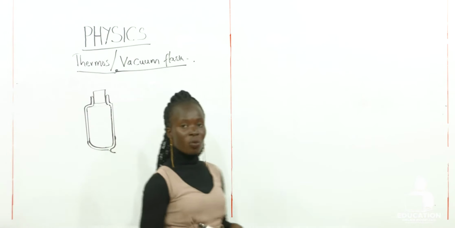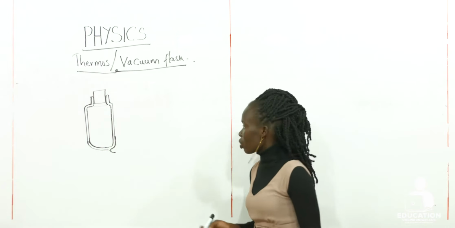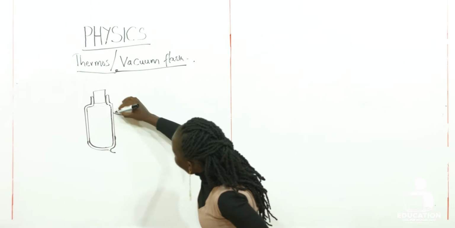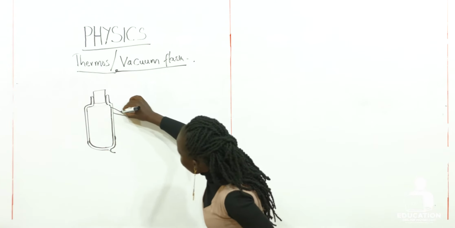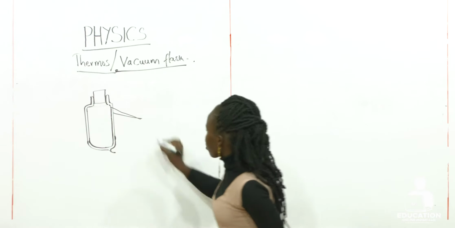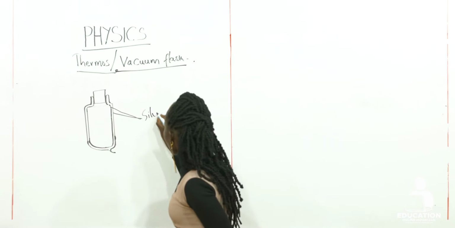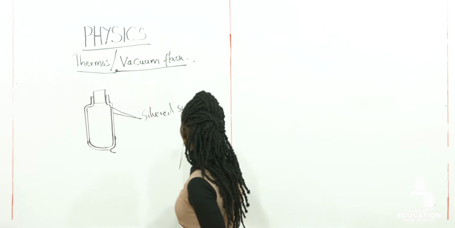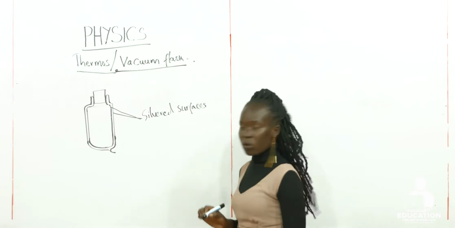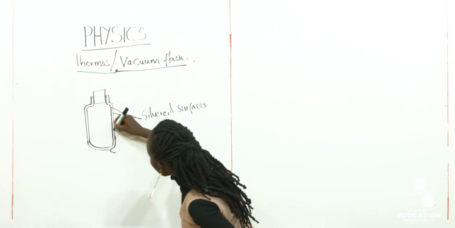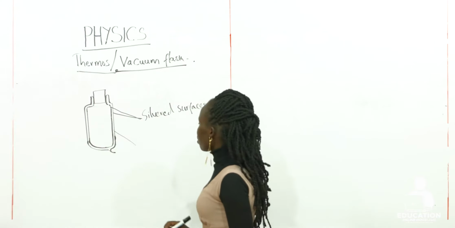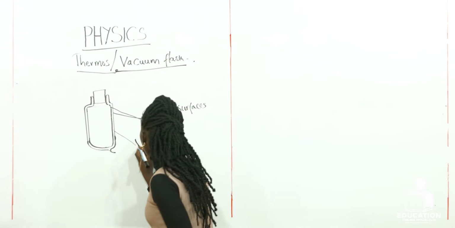So where are the two silvered surfaces we're talking about? This one and this other inside one here. So these are the silvered surfaces. Which one is our vacuum? We have this space between the two silvered surfaces, which becomes our vacuum.